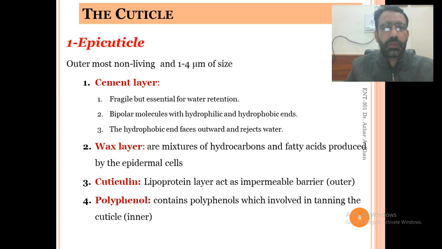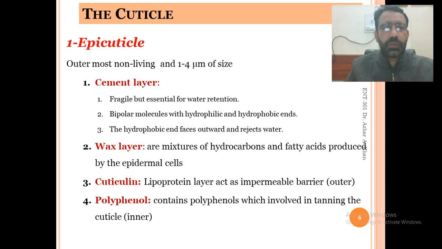Then the base layer. The base layer is actually a mixture of hydrocarbons and fatty acids produced by epidermal cells. Then the cuticulin layer, that is actually a lipoprotein layer, acts as an impermeable barrier at the outer end of the cuticle.